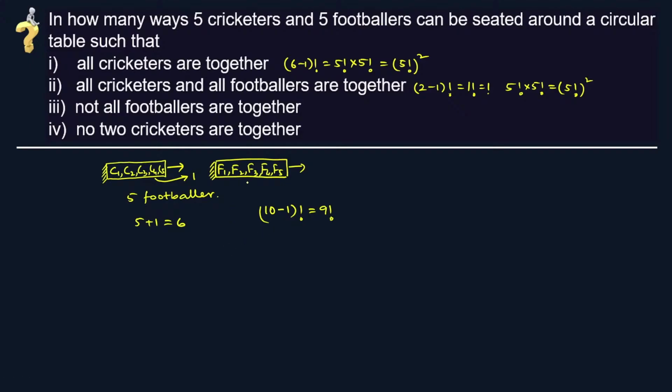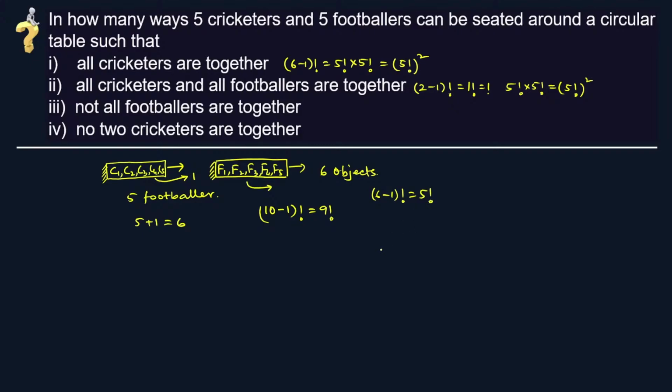Let us consider all the footballers in one box. So we are now having 6 objects. What are those? This one box, all the footballers together, is my one object, and there are 5 cricketers. So there are 6 objects. Is it clear? Now these 6 objects can arrange among themselves around the circular table in 6 minus 1 factorial, that is 5 factorial.